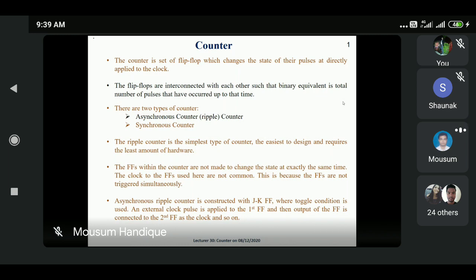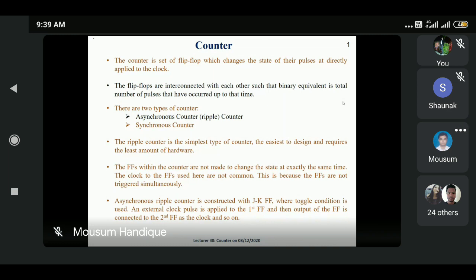Counter means we can check how flip-flops are working in a proper manner with respect to time. When we use a flip-flop, by default we are using a clock. So based on the clock signal, how these flip-flops are interconnected together such that they give some meaningful information.